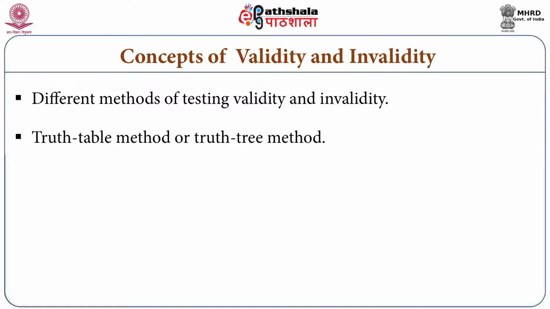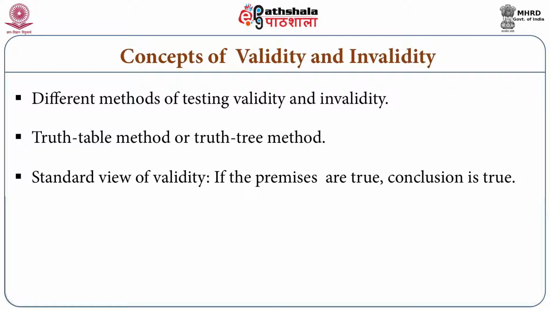But the most important function in all this is to come up with tools, techniques for checking the validity of arguments. And in all these systems, the definition of validity remains the same. That is, if I can show that the premises are true, then the form of the argument guarantees the truth of the conclusion.